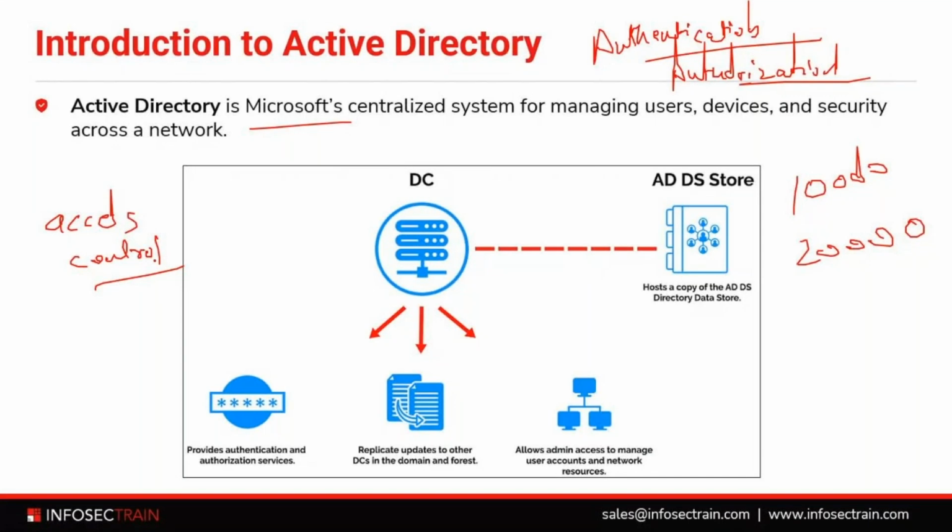Active Directory operates as a hierarchical database which stores information about users, computers, groups, and other network objects. It enables organizations to enforce security policies, manage permissions, and facilitate seamless communication between network devices. So it is very important for enterprises that require structured access control and identity management.